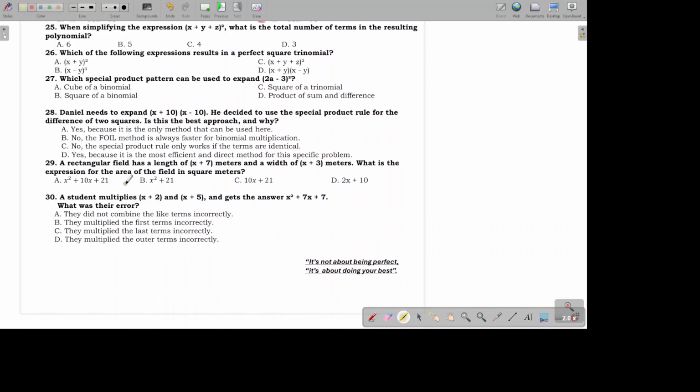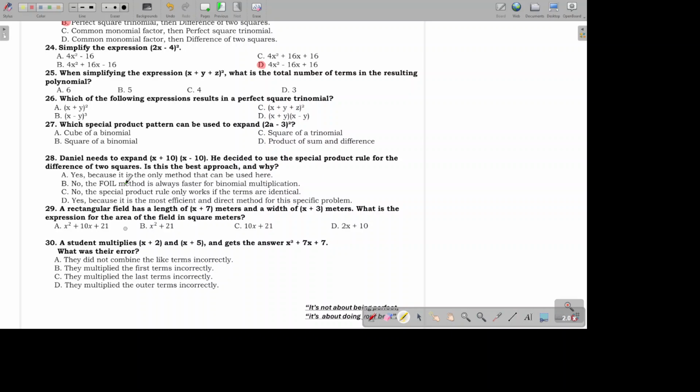Number 25. When simplifying the expression (x + y + z) squared, what is the total number of terms in the resulting polynomial? Okay, this is squaring a trinomial.